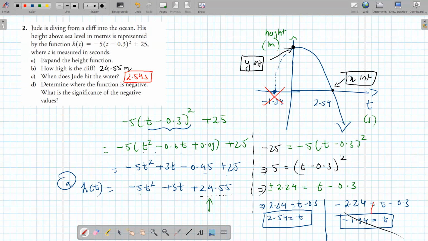D, determine where the function is negative. When they mean the function, they mean the y values, okay? So look at the graph. When are the y values negative? Look at the graph.